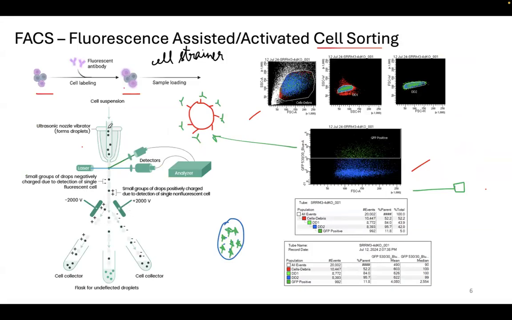Microns is micrometers, so µm. So this will get clogged if you have cells which are bigger. If you add chunks into it, it's just going to block your nozzle. So you don't want that. So definitely before FACS sorting, cells have to be strained. They have to be filtered. They have to be passed through that filter. Okay.